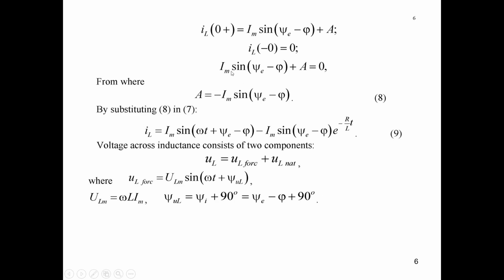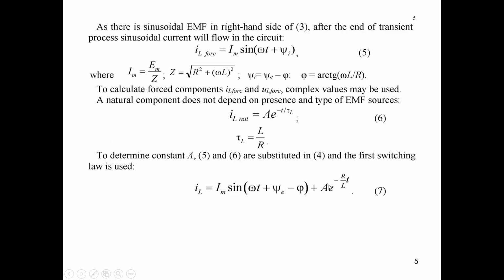So we have this expression for IL from 0 plus, and it's equal to 0 because IL from 0 minus equals 0. From here we can determine this integration constant from this equation. It is here. Then we should substitute this integration constant into the expression for current through inductance. It is here.